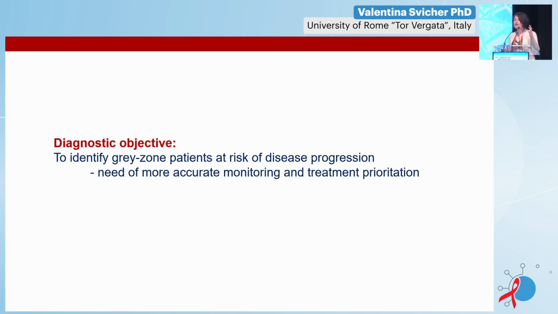Here, we have the diagnostic objective to identify grey zone patients who are at risk of liver disease progression, and thus patients who need more accurate monitoring or in whom treatment should be prioritized.